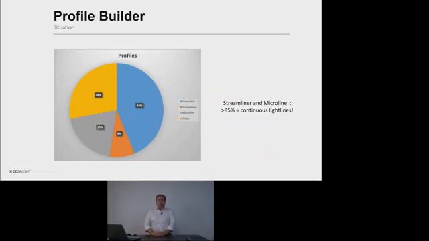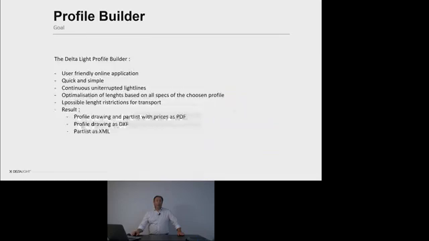If we look at Femtoline, it is a little more complicated, because there we have different LED flex, and depending on the power and the length of the LED flex, we have different drivers which we need to calculate. So we said, let us start with Streamliner and Microline as continuous light lines, and there we can have a further development. So this is what we have started with in the profile builder.